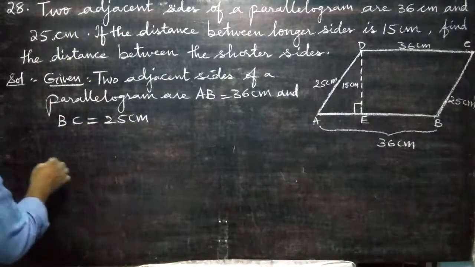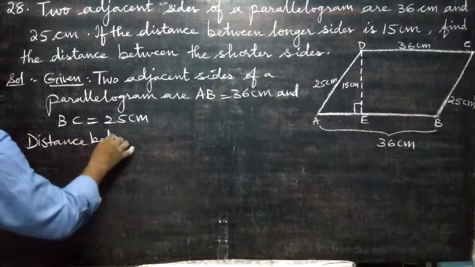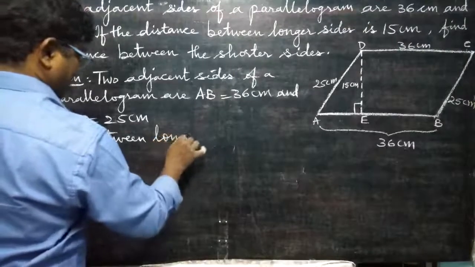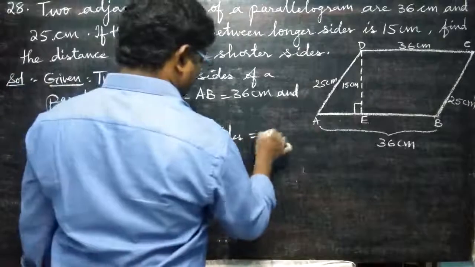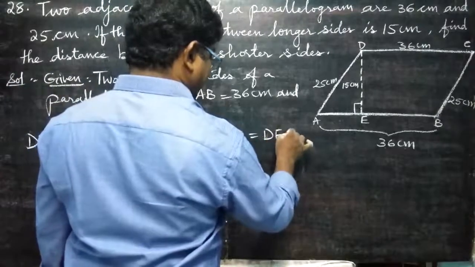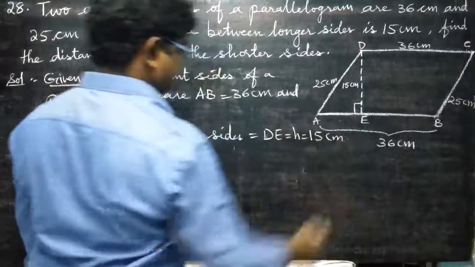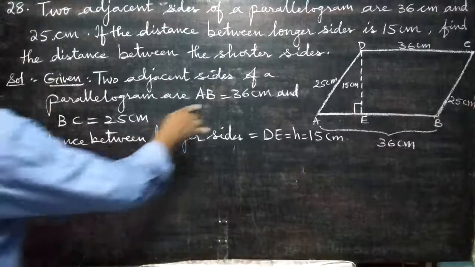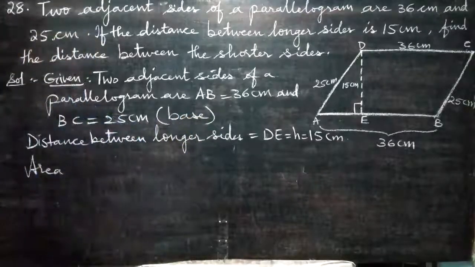Now, distance between longer sides is equal to DE, that we can think as H also, is equal to 15 centimeters. Now area, here we can write it as base of a parallelogram.